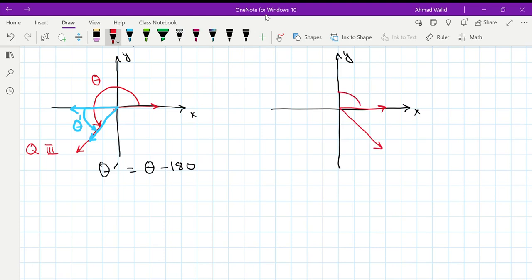This is your theta. How to find theta prime? Theta prime actually equals 360. You see, from the full round, if you subtract theta, the rest is theta prime.